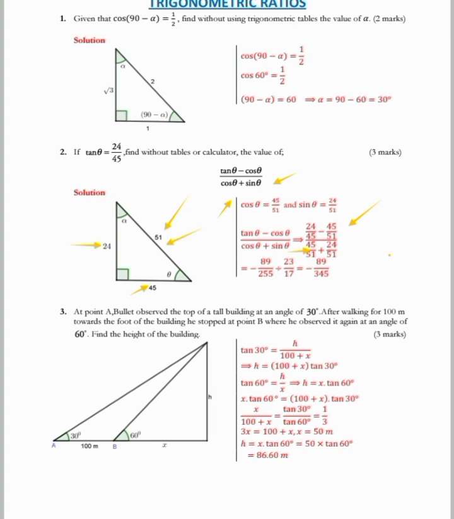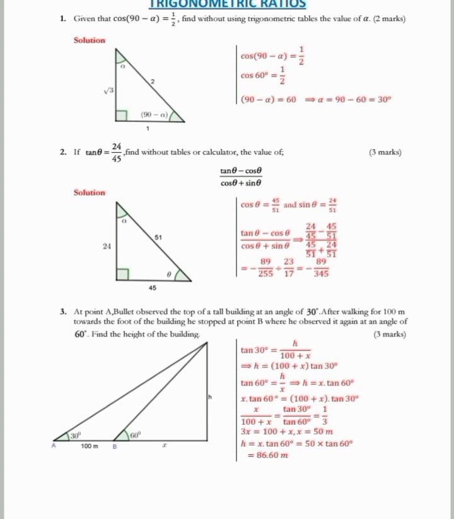So when you simplify that, it will give us minus 89/255 divided by 23/17.